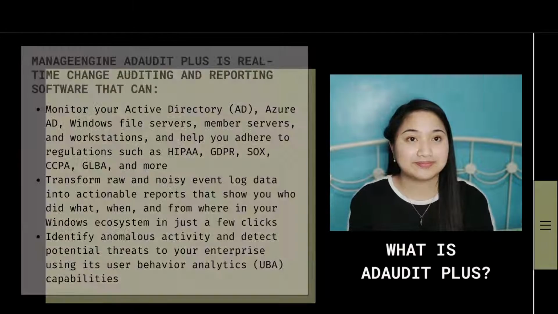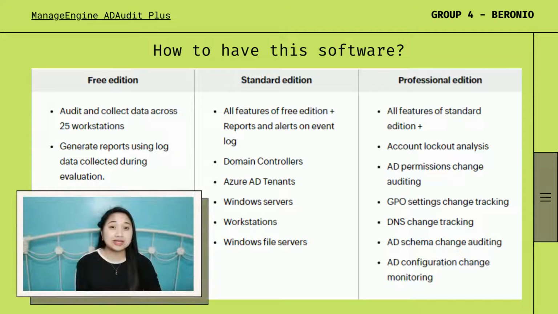software na to. So, paano ba tayo magkakaroon ng ganitong software? Ang ADAudit Plus, available yan sa PC. Merong 30 days free trial kung gusto mo muna makita at ma-explore first-hand yung software. Meron yung free edition nila, it includes auditing and collecting data across 25 workstations, and it can also generate reports using log data collected during evaluation.